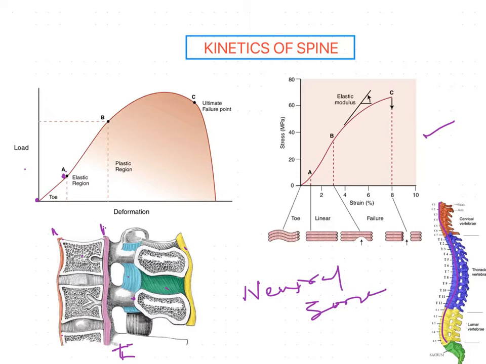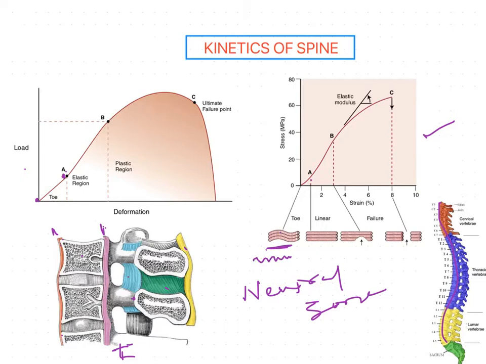So what will happen in the toe region? This one shows the collagen fibers of the ligament. At the level of the neutral zone, the collagen fibers are in a crimp shape, so the fibers are like this.